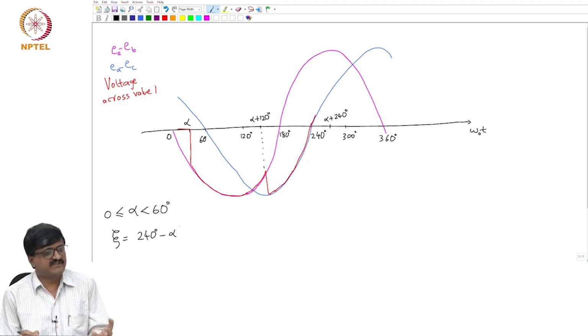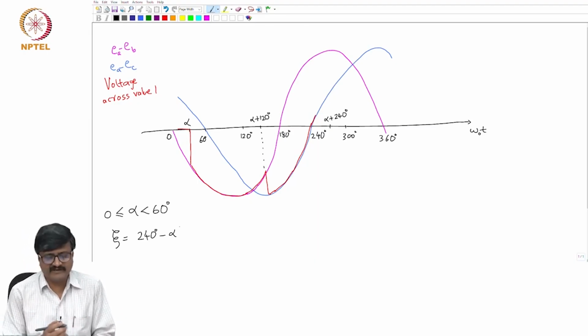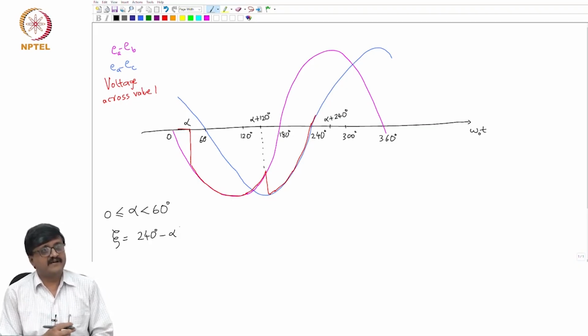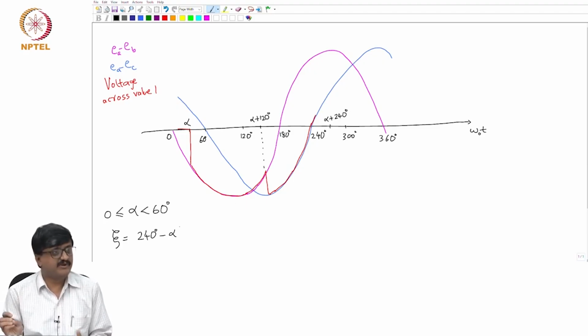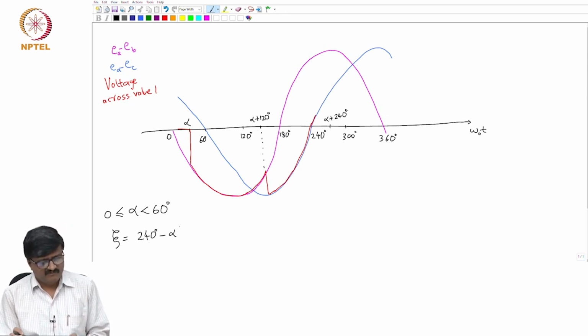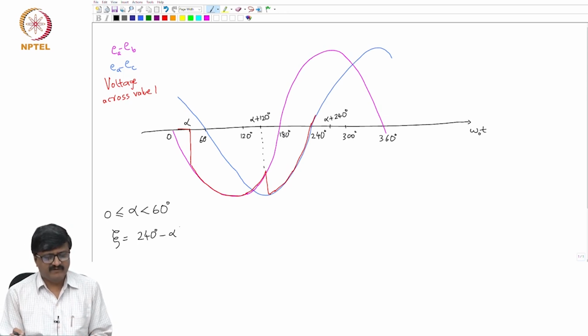Which one is more critical? More critical means there is a chance of this commutation margin angle psi becoming less than the minimum required value. That should not be allowed. Psi should take some minimum value and should not go below that. Whether it is likely to happen for alpha greater than 60 or alpha less than 60? Alpha greater than 60.